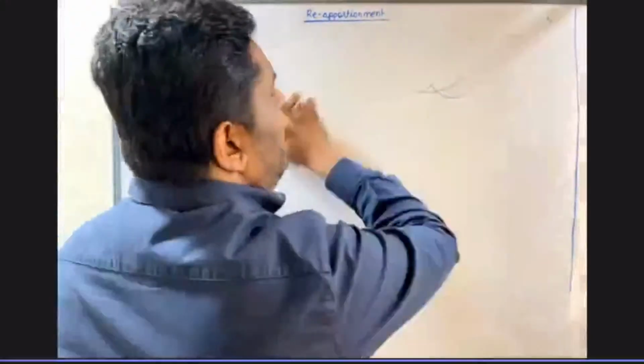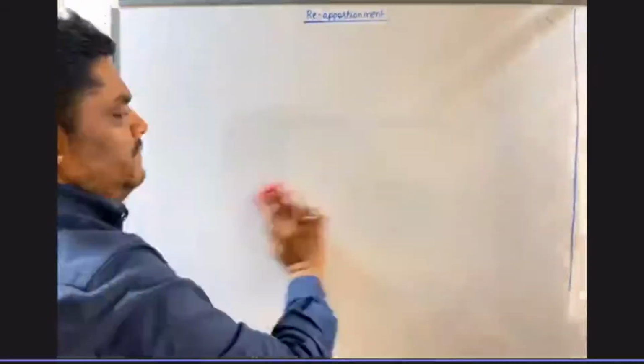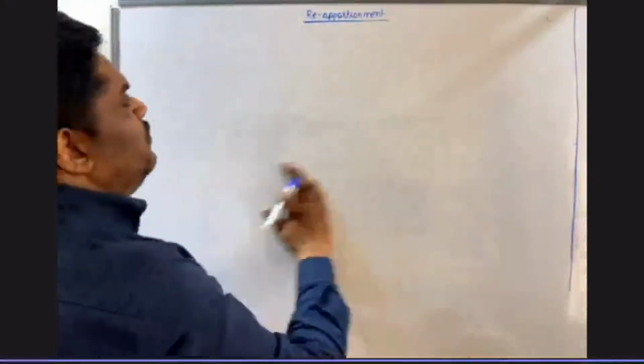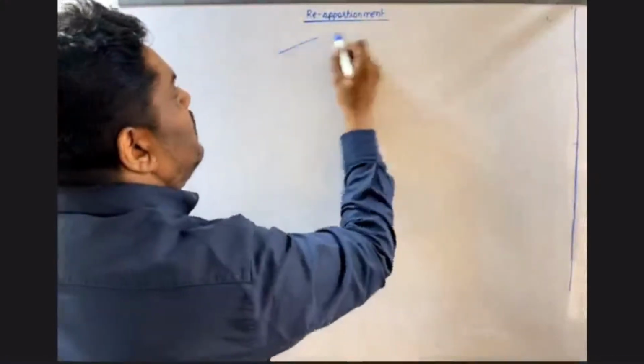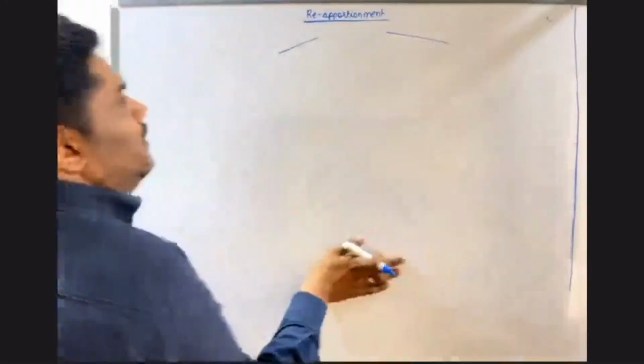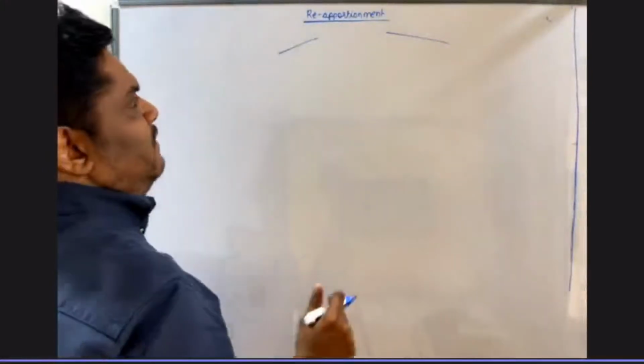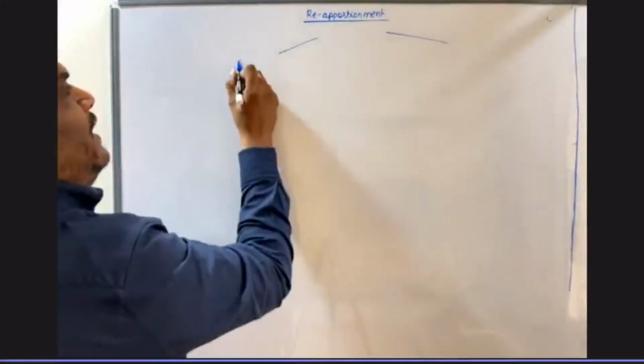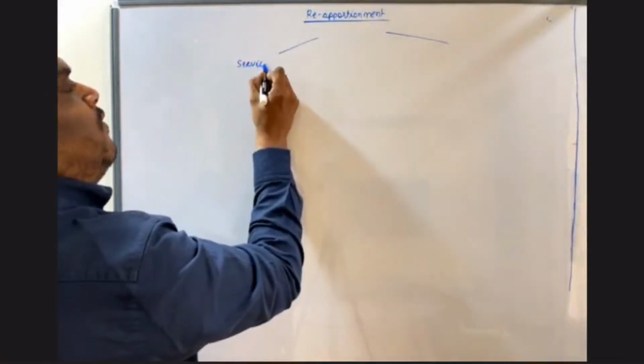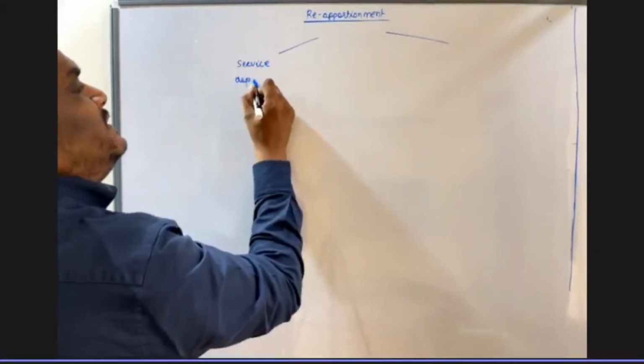When talking about how to reapportion the overheads, two situations are possible.